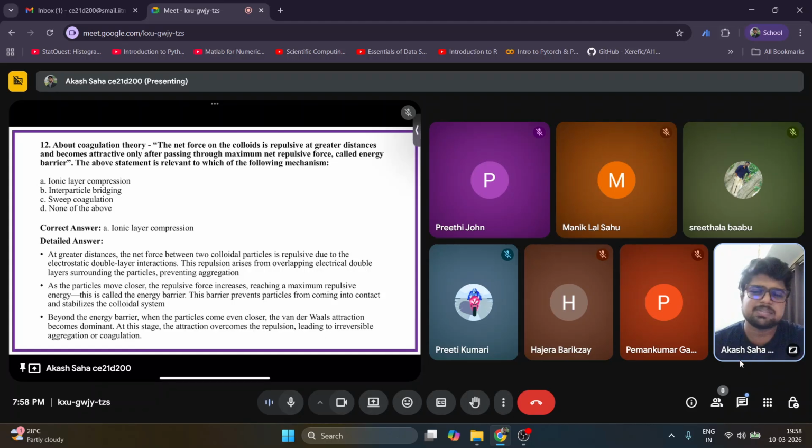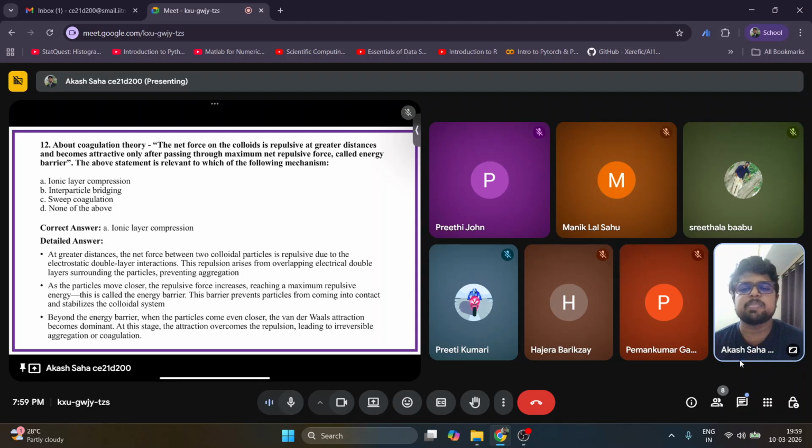Okay, so all the explanation is given here. So you can see at greater distances, the net force between two colloidal particles is repulsive due to the electrostatic double layer interaction. Okay, so interaction due to the double layer, it will be repulsive. And this repulsion arises from the overlapping electric double layer surrounding the particles. As the particle moves closer, the repulsive force decreases, reaching a maximum repulsive energy called the energy barrier.